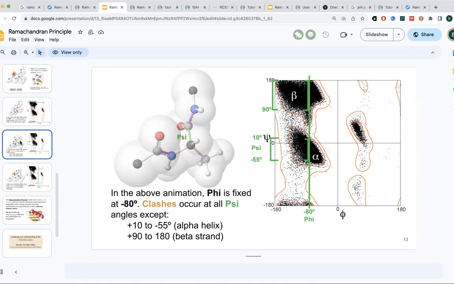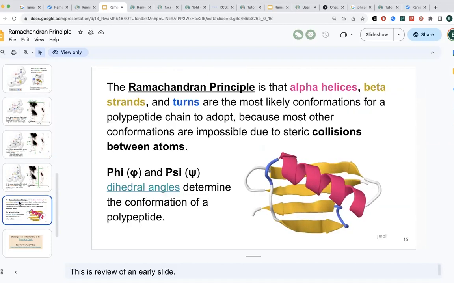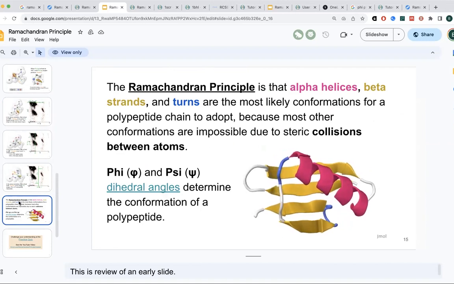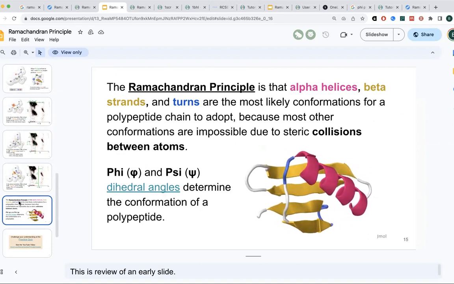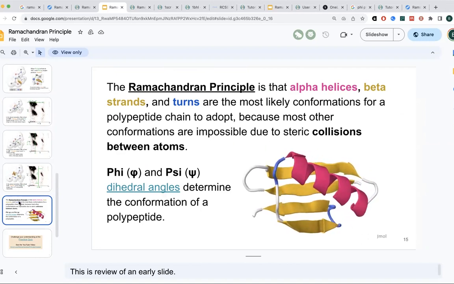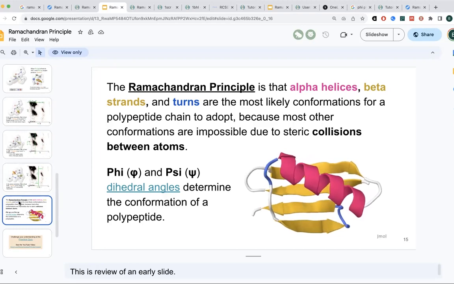So why do you get this clustering? In part, you have to think about the secondary structure. In order to form strong secondary structure, those alpha helices and beta strands, things don't just have to care about the backbone angles in order to avoid steric clashes.